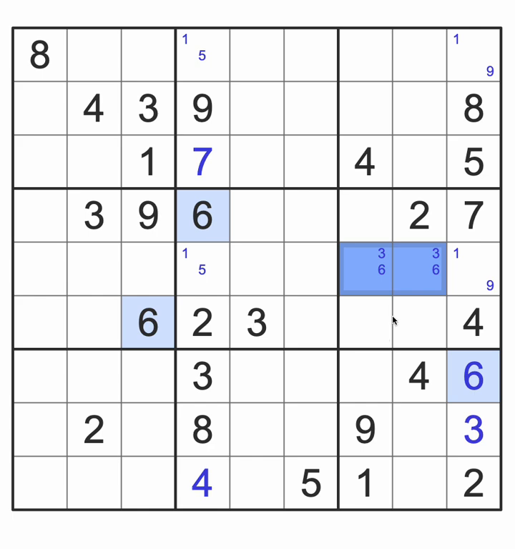Again, double means I cannot place any other number in these 2 cells. So these 1 9 blocking these means I can place 1 9 double because this cell can only be 3 or 6. So 1 and 9 have to use these 2 cells.